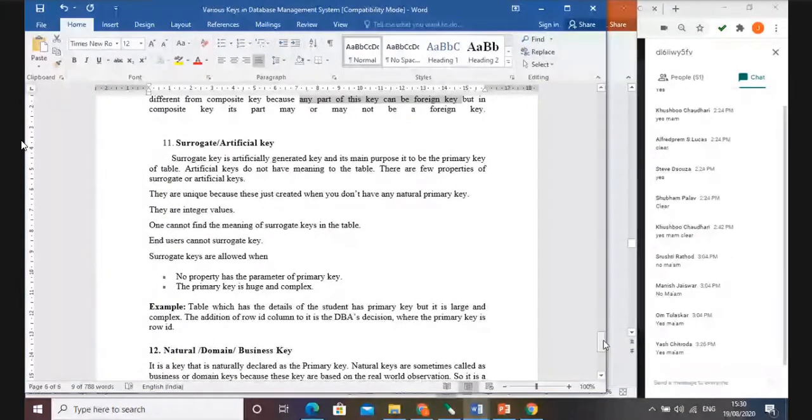Now that column 1, 2, 3, 4, 5, 6 which I have added in my student attendance table is not at all related to the table. It is not useful to calculate anything or identify the records. That is known as a surrogate or artificial key. We have just created it for simplicity at that particular point. It does not have the properties of a primary key, because that key will not be related to my primary key. The primary key is huge and complex.